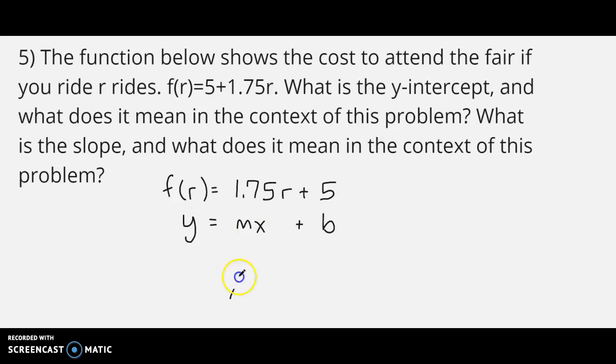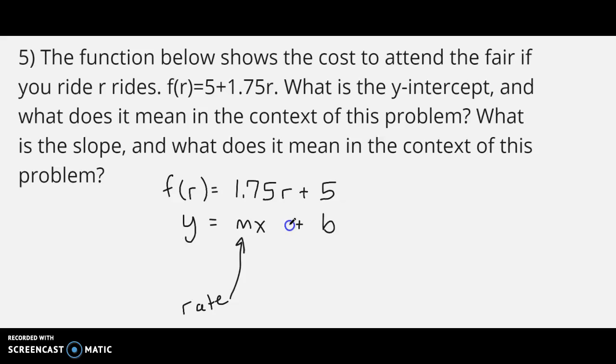And whenever you have a number next to x for the slope in story problems, that usually involves some type of rate. Okay, so the 1.75 times r must imply, oh, it's $1.75 to ride one ride.